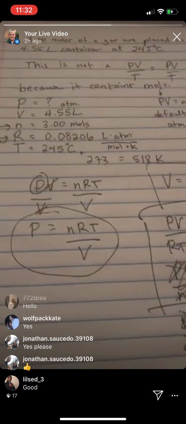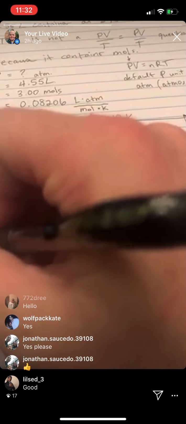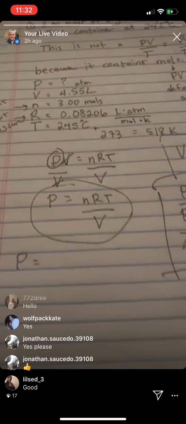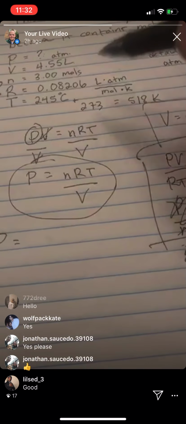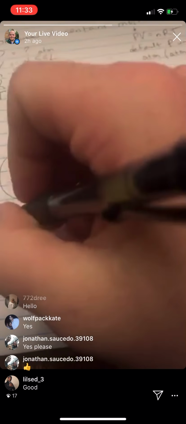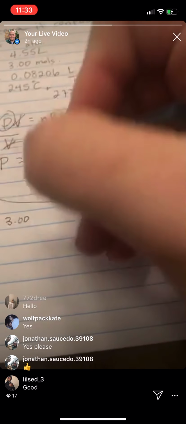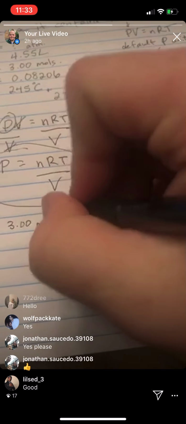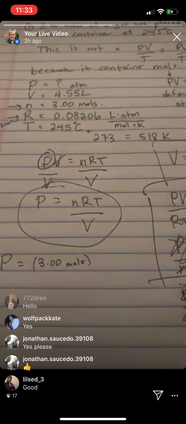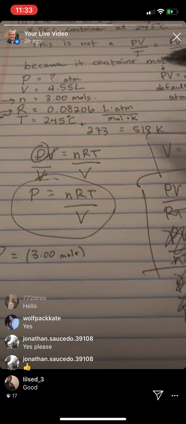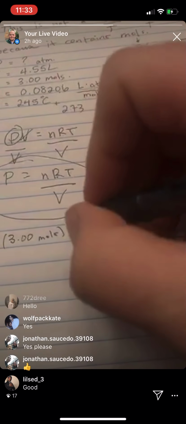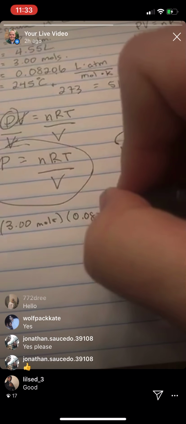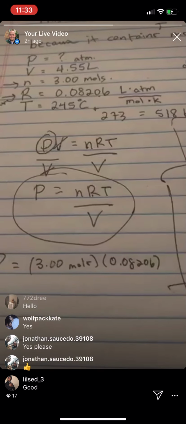All right, so let's start solving for this, okay? So we're going to write out P equals, all right? And we're going to do N. My N value is 3 moles. Okay. My R value is 0.08206. Okay.